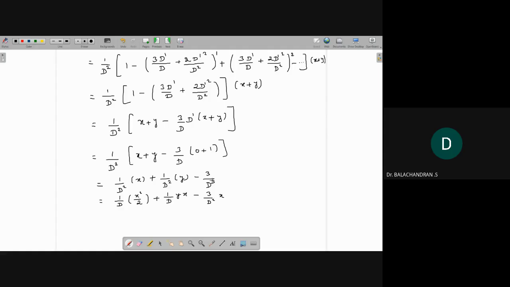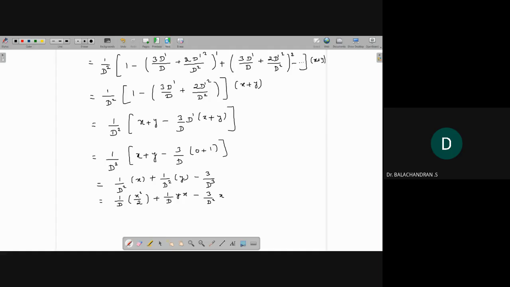Similarly, 3 by D square of 1, the first time you get 3 into x. If you integrate again, you get x cube by 6, here y into x square by 2, and here minus 3 into x square by 2.